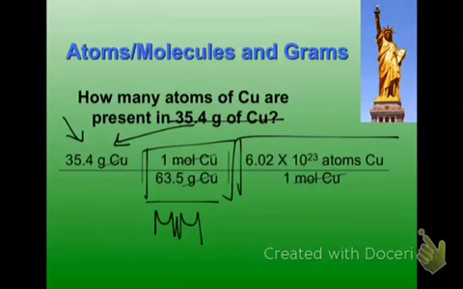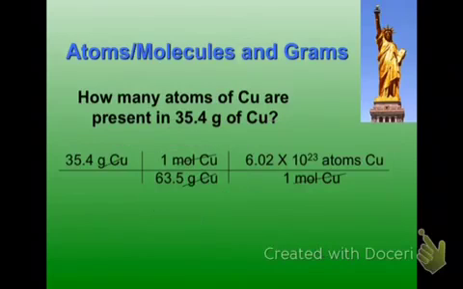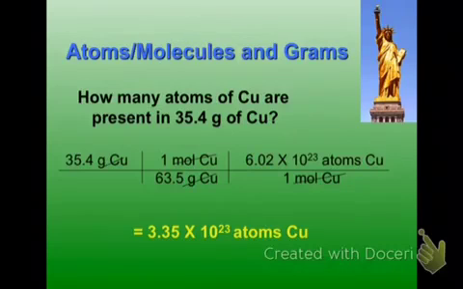The next conversion is using Avogadro's number. And my units are all canceling, grams is canceling out, moles is canceling out. So I am left with atoms for my unit, and my answer for all of that should be 3.35 times 10 to the 23rd atoms of copper is my final unit.